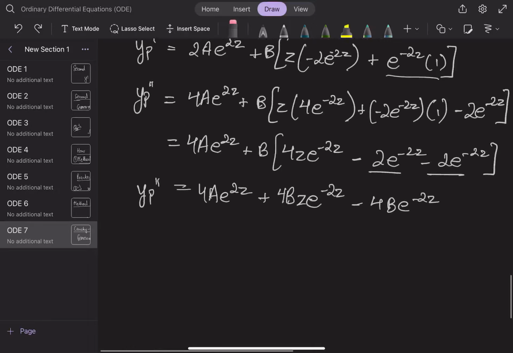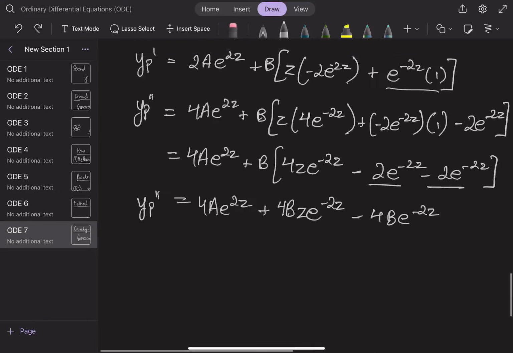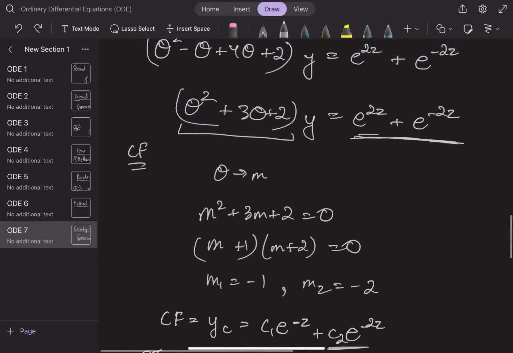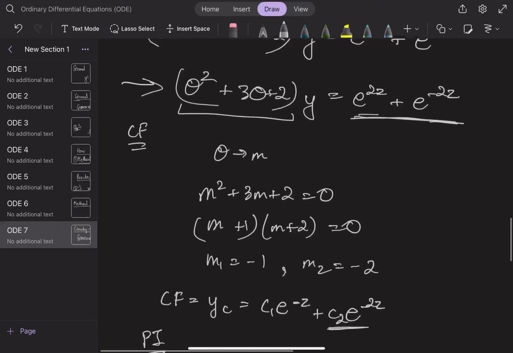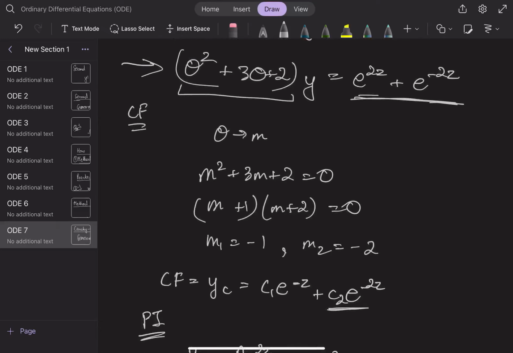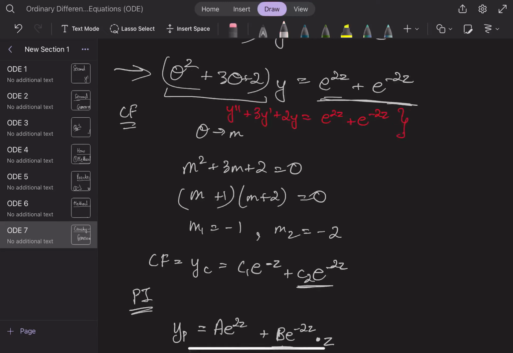So now let's plug these into the original equation, which was this equation right here. We can write this as y double dash plus 3y dash plus 2y is equal to e raised to 2z plus e raised to minus 2z. This is the equation. So now let's go ahead and plug the values into this equation.